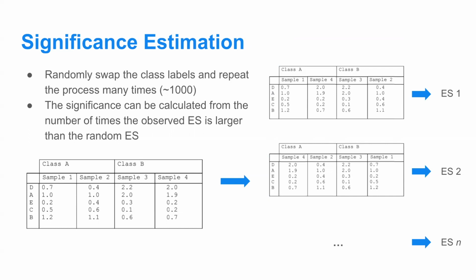And how the algorithm generally does this is it will randomly swap the class labels for each of the samples and repeat the process that we just walked through, basically computing the enrichment score many, many times. And then ultimately, you can compute the significance by calculating how many times the enrichment score that you observed from the actual data you had is larger than the random enrichment scores that you computed.